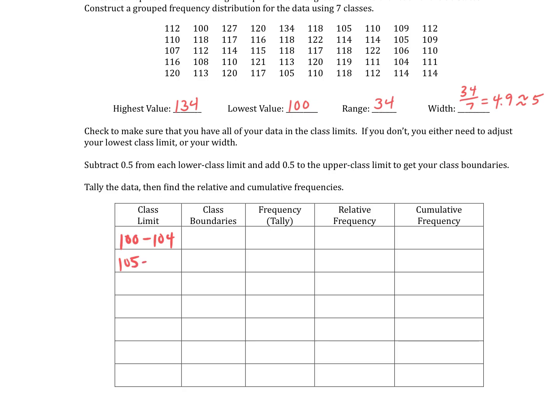The next one is 105 to 109. This gets easy because at this point you're adding 5 to the first number and adding 5 to the second number for the rest of them. So fill in the rest of your class limits.